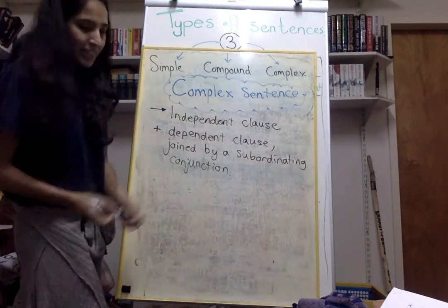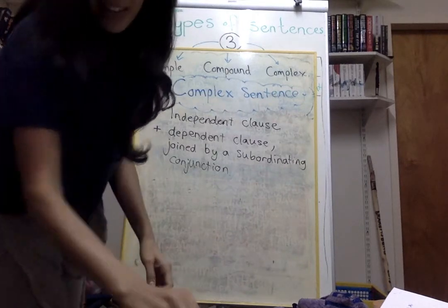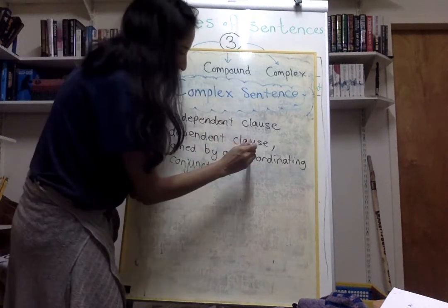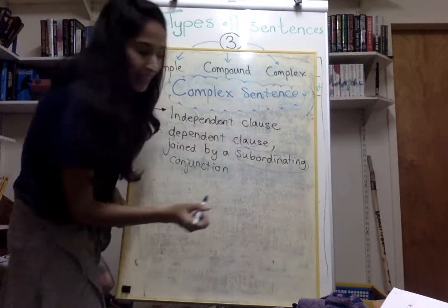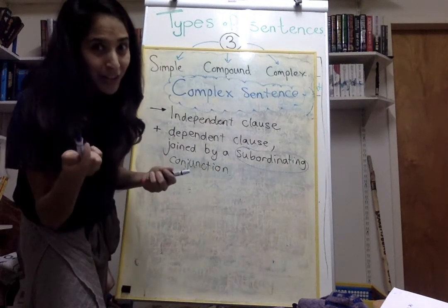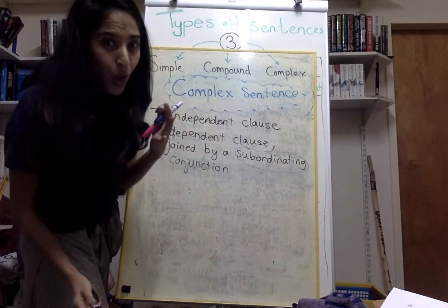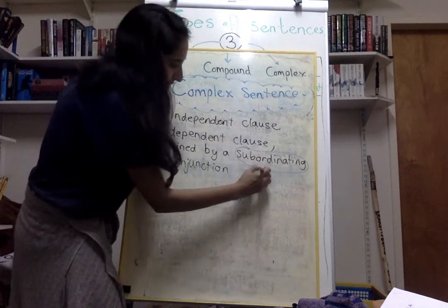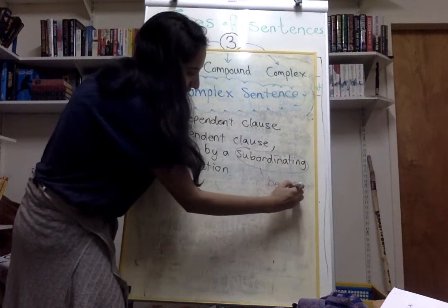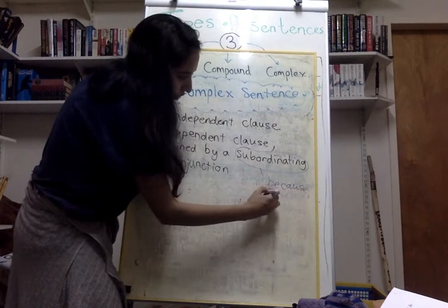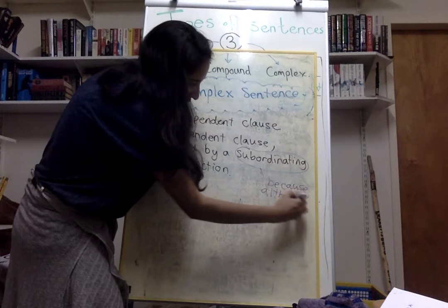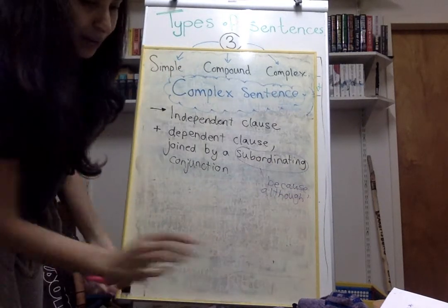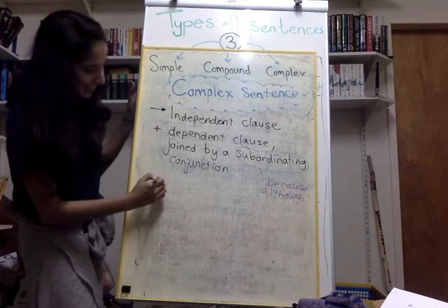Let's use Lelo as our example again. But before we do that, remember what our subordinating conjunctions are? We did them before. Can you think of some? Although, however, even though, because. That's right. Because, although. Let's just leave it at that for now. Let's put another Lelo sentence example.